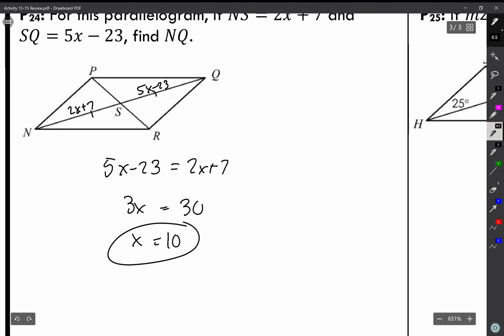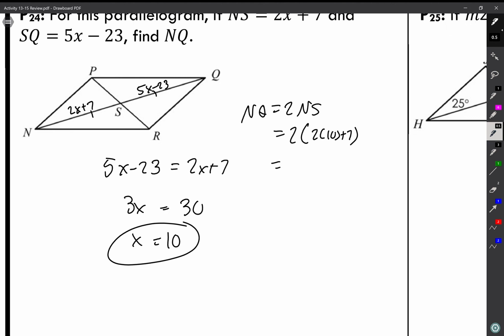We found x is equal to 10, so NQ is just 2 times NS, since they're equal. NS is 2x plus 7, so 2 times 10 plus 7 is 27, and 2 times 27 is equal to 54.